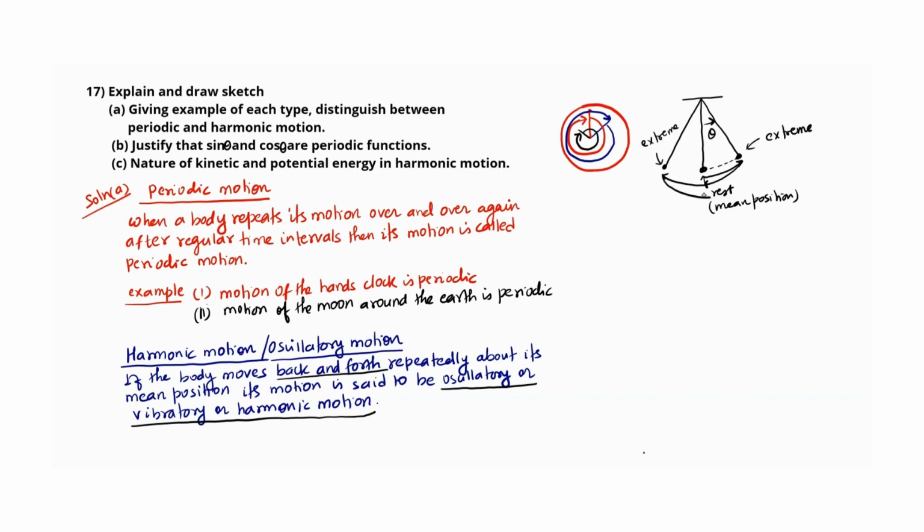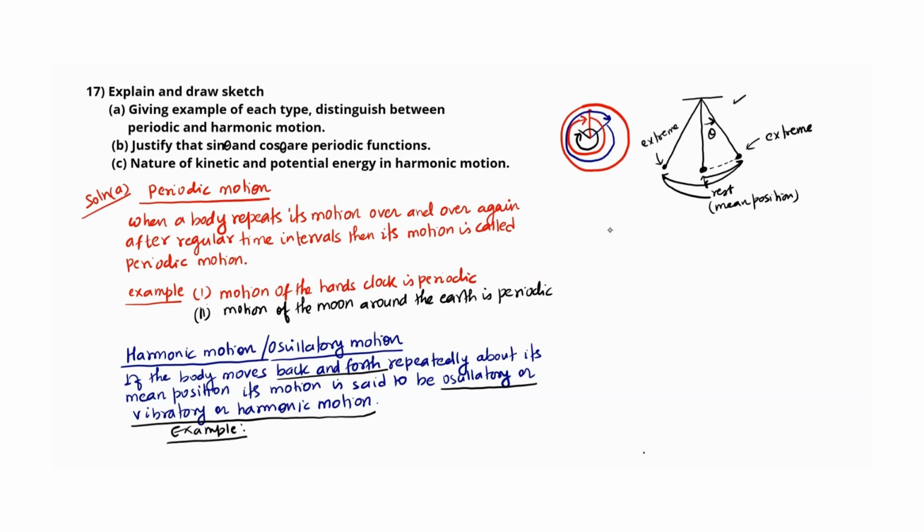So we find the simple pendulum is having back and forth motion repeatedly about its mean position. So such type of motion is called harmonic, oscillatory, or vibratory motion. I'm writing the example here, clear. So this is one of the examples.